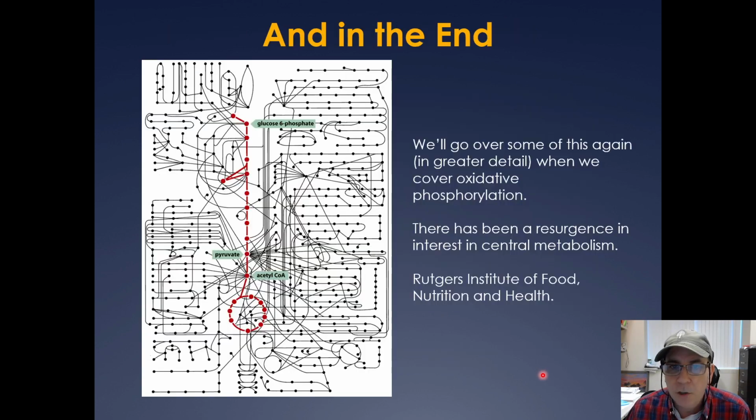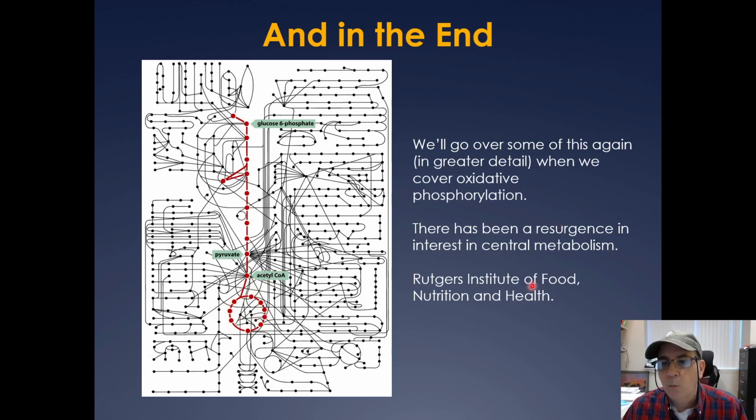Okay, and so in the end, what you have here in central metabolism, and we saw all the little offshoots here where you can get serine and threonine and other amino acids and fatty acids and lipids and all kinds of other things, but here is basically glycolysis, where a sugar comes in, and then eventually it gets converted down to pyruvate and then into acetyl coenzyme A, and then it enters the TCA cycle.